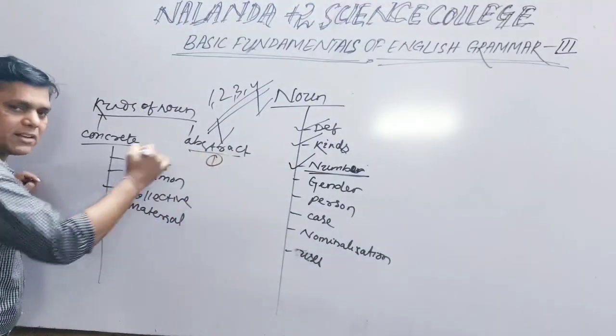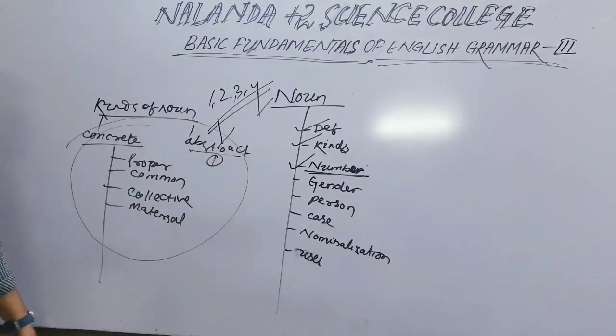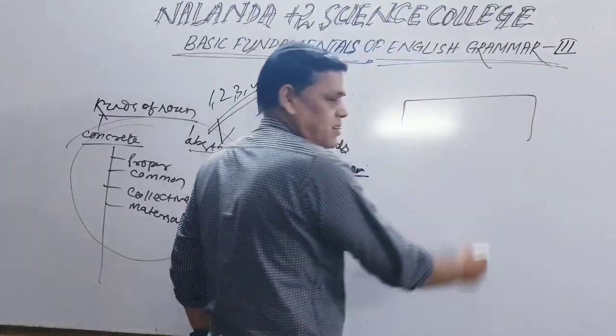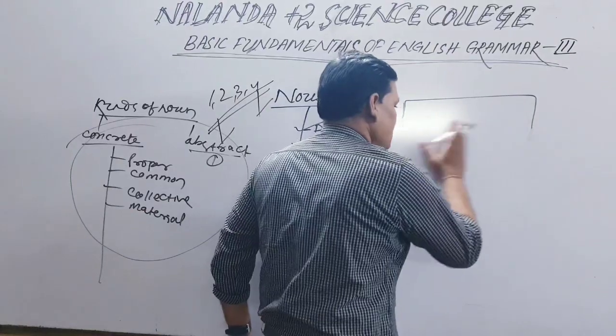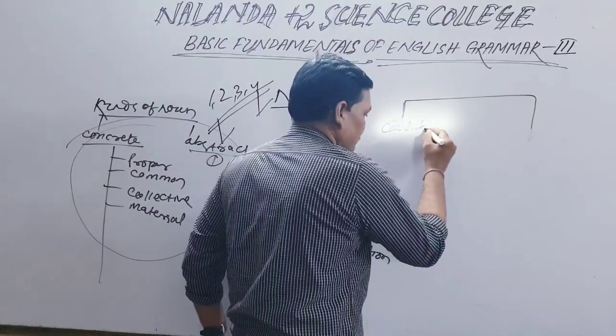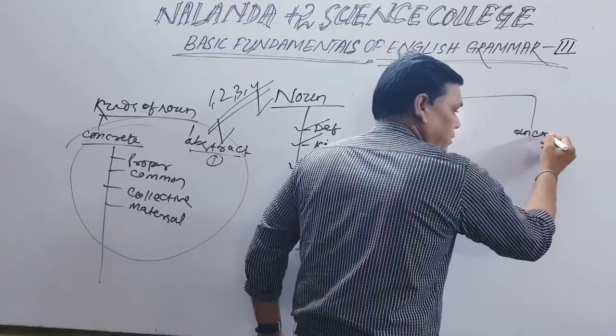Abstract noun itself is one. Irrespective of all the concrete and abstract nouns, now nouns are segmentized into 2 groups: countable noun and uncountable noun.